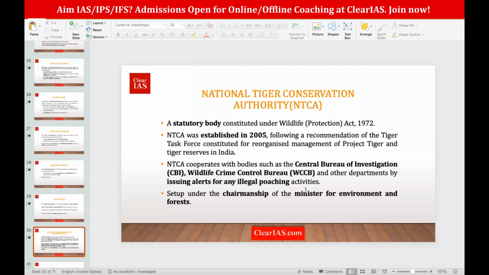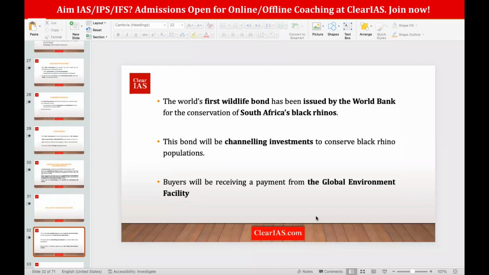The most important thing to remember is that it is chaired by the Ministry of Environment, Forest and Climate Change.